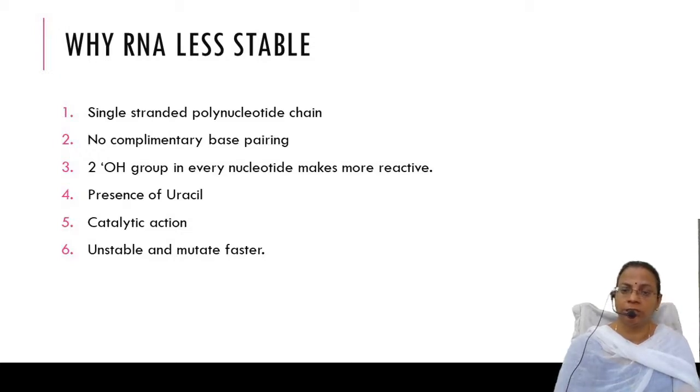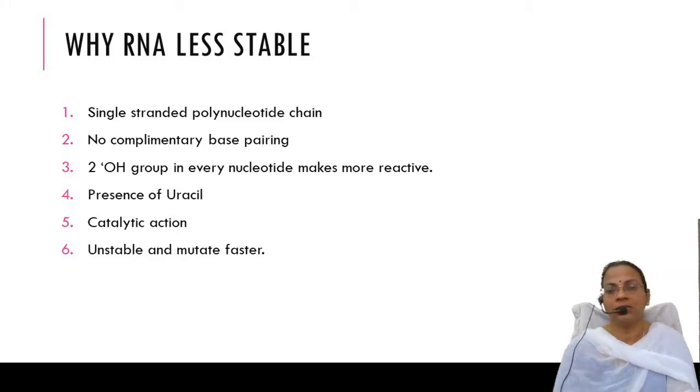Thymine is methylated, that means the free group is bound with methyl. The methyl group, methane, is less reactive, because all the carbon valencies are satisfied with hydrogen. So it is more stable. Thymine is more stable compared to uracil. So the uracil-carrying RNA is more reactive compared to thymine-carrying DNA.